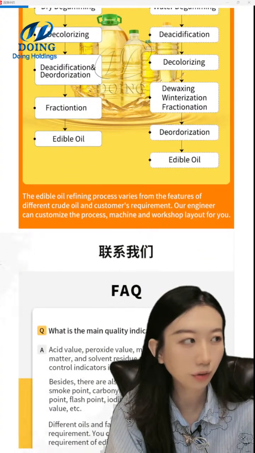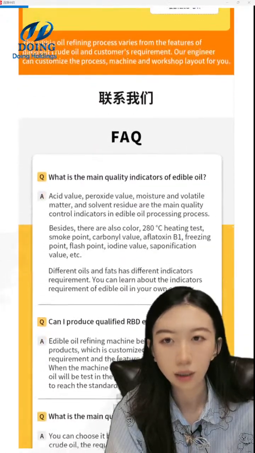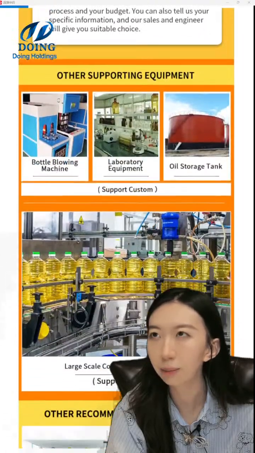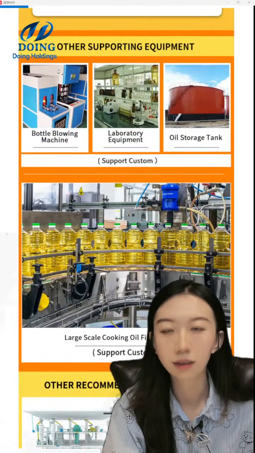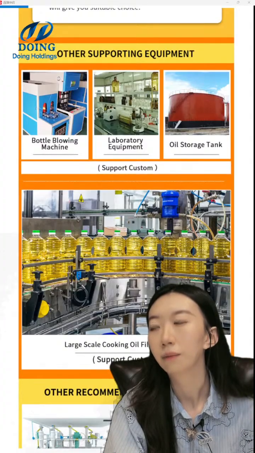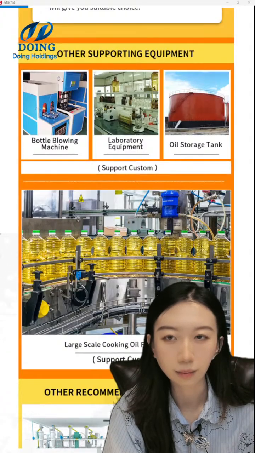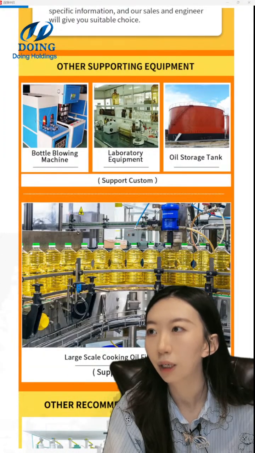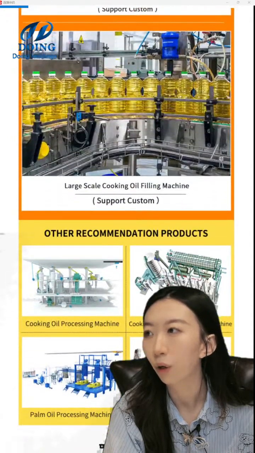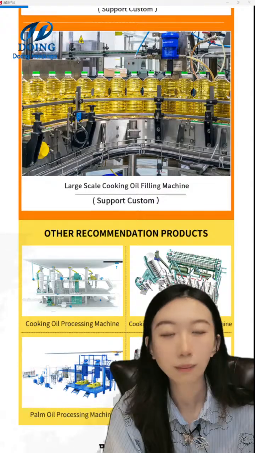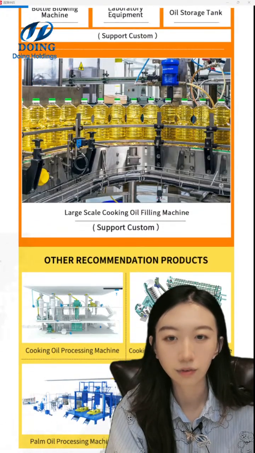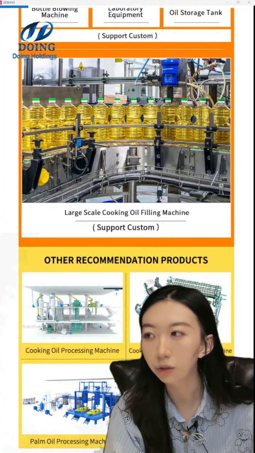So guys, if you need refining equipment, if you have any question, you can enter our live show. The other equipment we can provide for you includes the bottle blowing machine, laboratory equipment, oil storage tanks, and line filling machines. These kinds of equipment we also have.